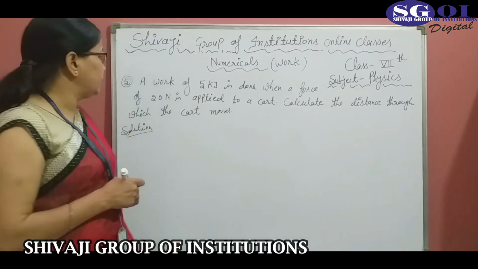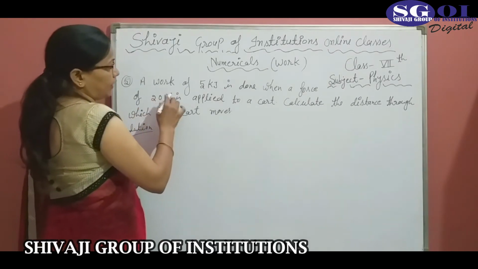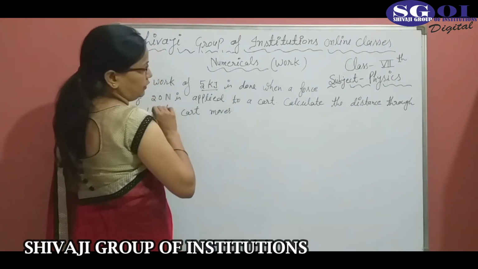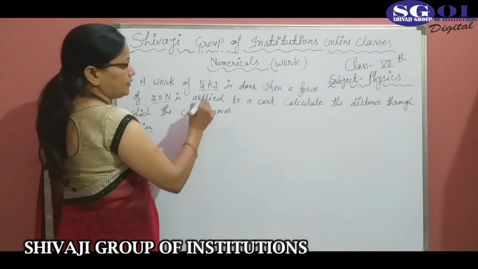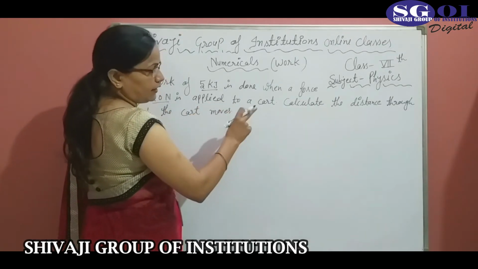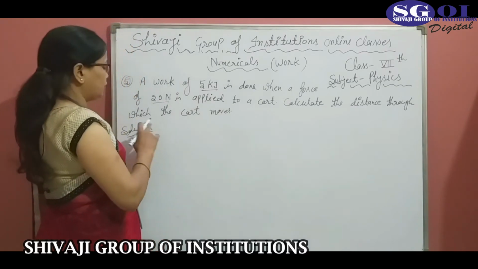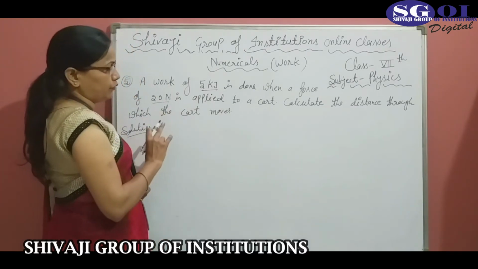Now student, numerical number 5th. A work of 5 kilojoule is done when a force of 20 Newton is applied to a cart. Calculate the distance through which the cart moves.